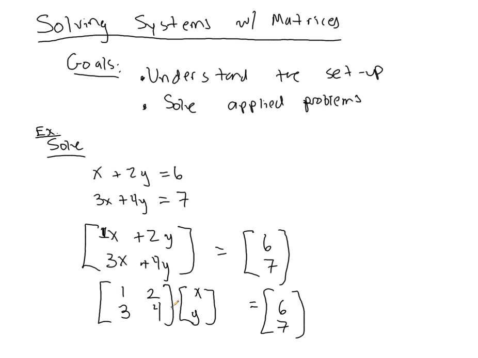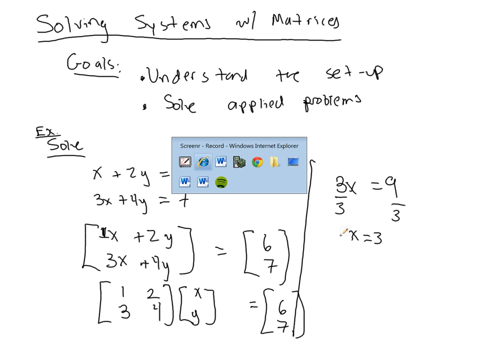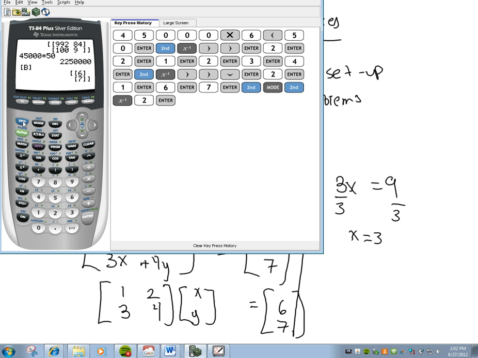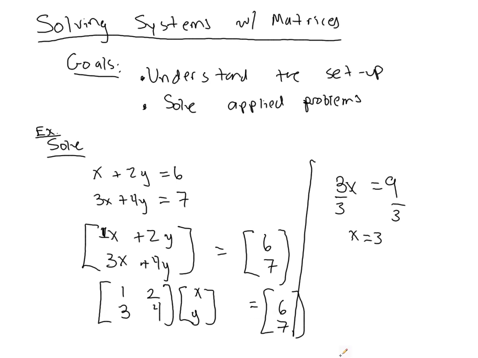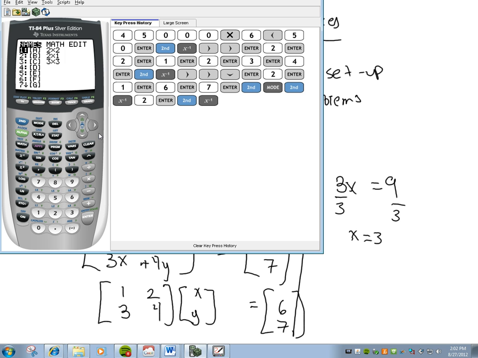Let's make a parallel here. If I wrote 3x equals 9, how would you solve that? A lot of you would probably divide by 3 to get x equals 3. However, if I go over to my calculator, where I have these matrices already plugged in, and I try to take the matrix with the 6, 7 and divide it by the matrix with the 1, 2, 3, 4, let me just show you that these are the same.